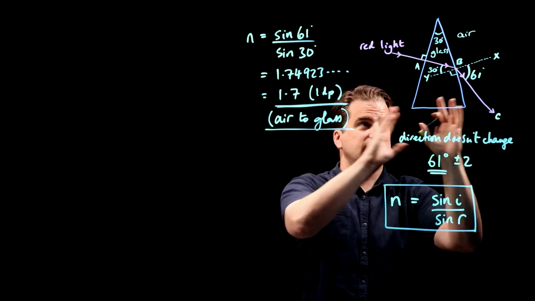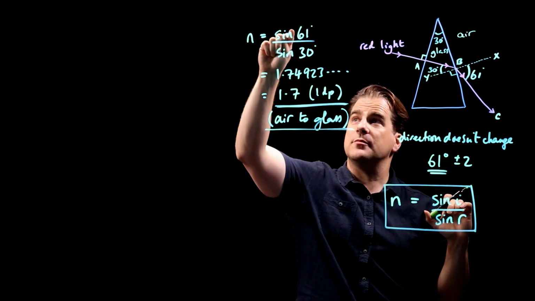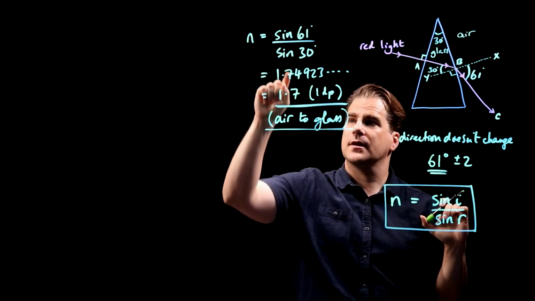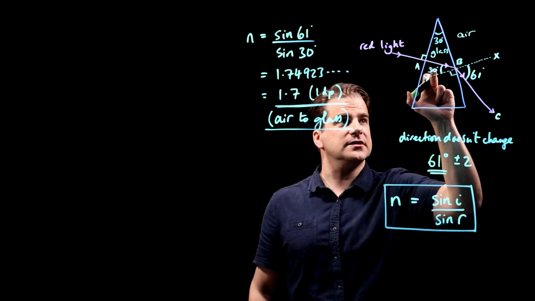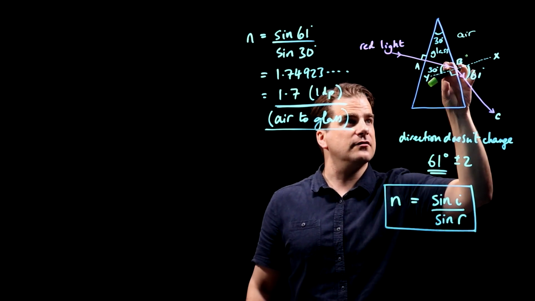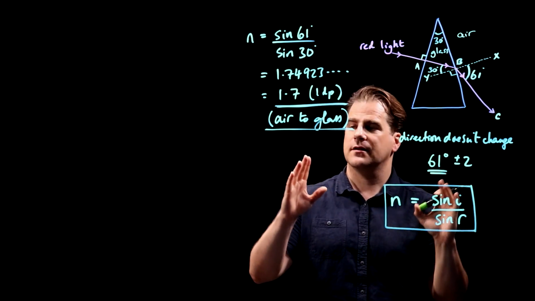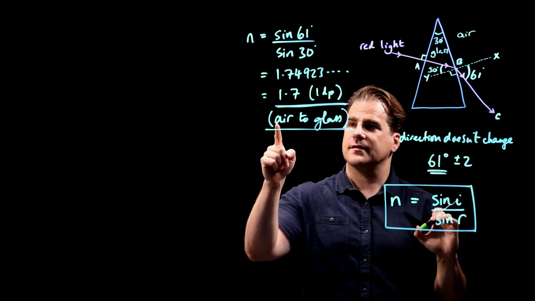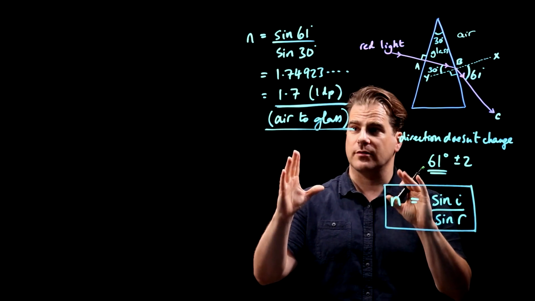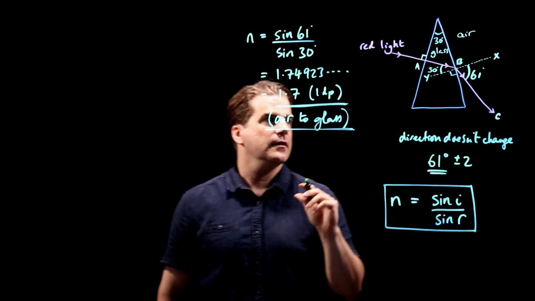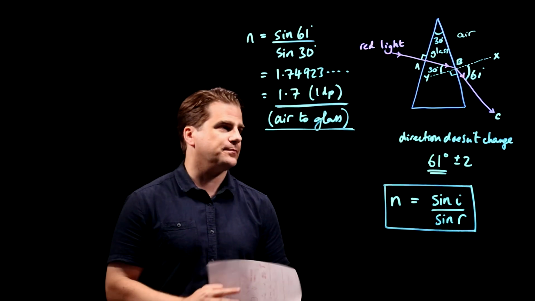So that's the way you should do it. Always make sure that the one on top is bigger than the one on the bottom. So that's incidence, that's refraction, okay? To work out refractive index of glass, it doesn't matter about direction. And state that that's a refractive index from air to glass, which is how refractive index is quoted, okay? Right, I think I've gone on about that enough.